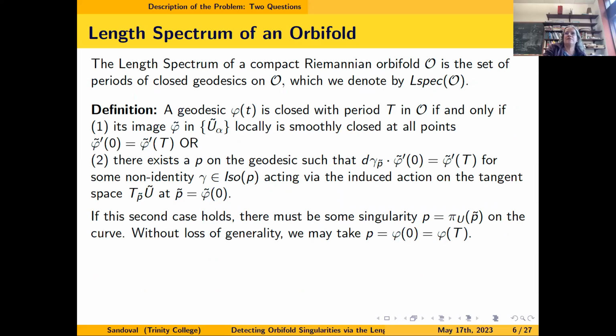A geodesic φ(t) is closed with period T in O if and only if one of two things happens. Its lift φ̃ in Ũ locally is smoothly closed at all points, that is, φ'(0) equals φ'(T). So that would just be a regular geodesic in the usual sense.